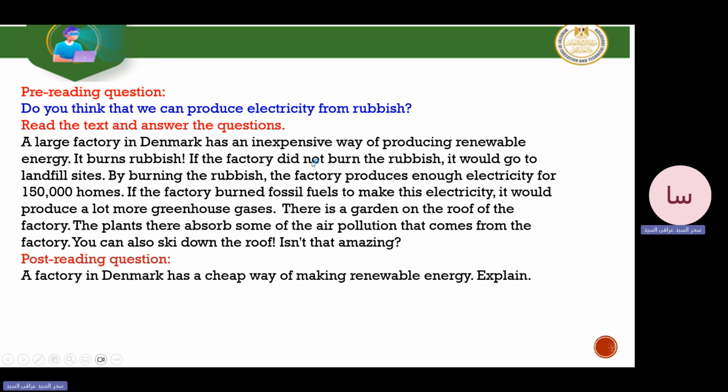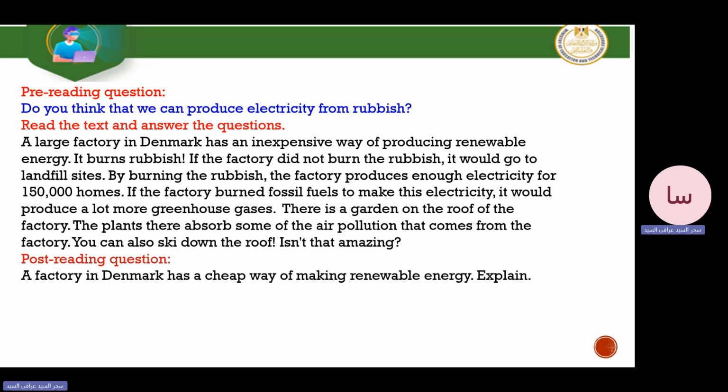If the factory did not burn the rubbish, it would go to landfill sites. So, by burning the rubbish, the factory produces enough electricity for 150,000 homes. If the factory burned fossil fuels to make this electricity, it would produce a lot more greenhouse gases.